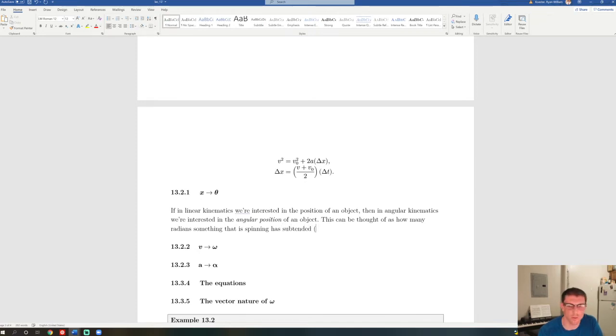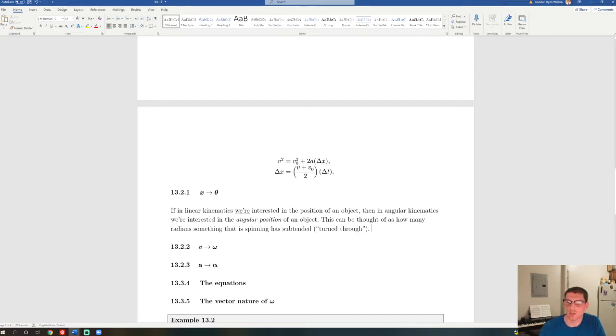This is just a fancy math word that basically means turned through. So if you're standing and you turn around so you're looking the opposite direction you were before, then your angular displacement would be pi radians, right? Because you haven't gone a full circle, you've just gone a half circle. And if you turn all the way around, so you do one complete rotation and you're now looking in the same direction you originally were, then you've gone through an angular displacement of 2 pi radians, right?